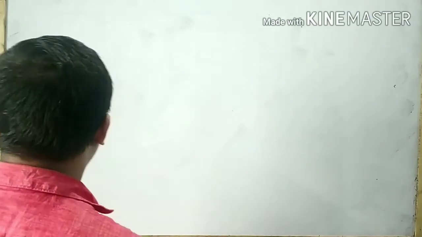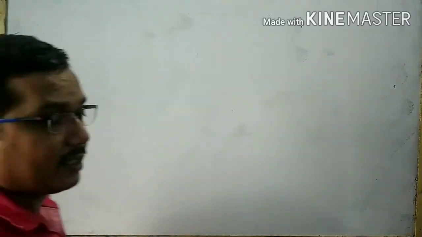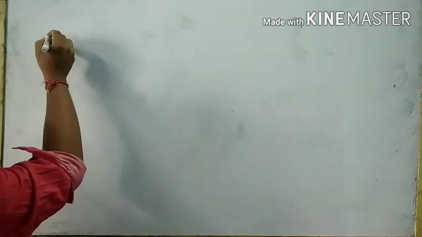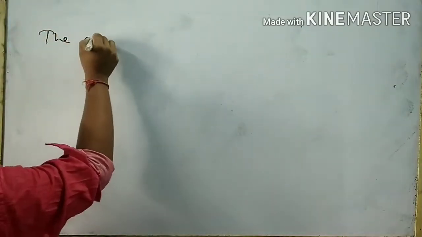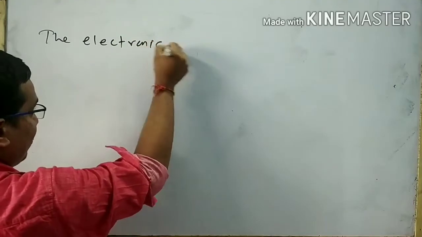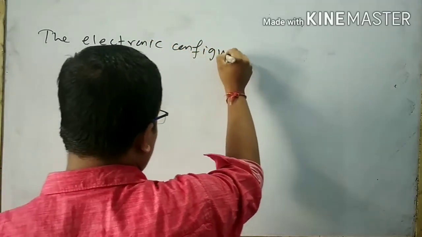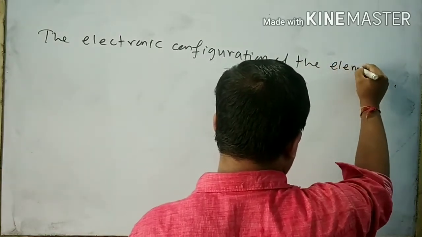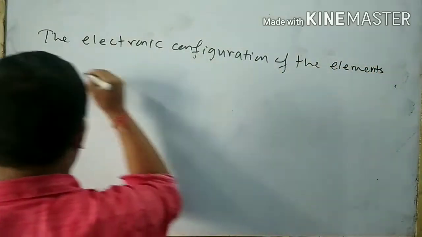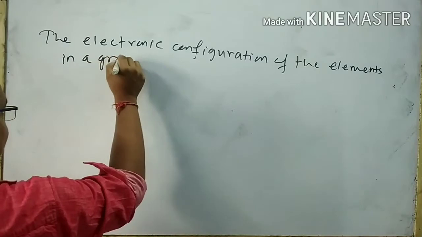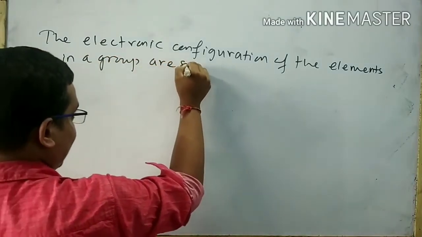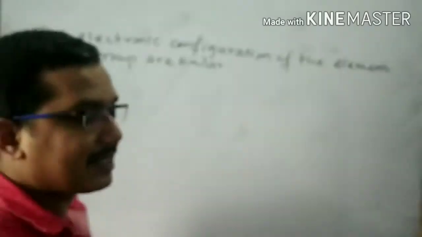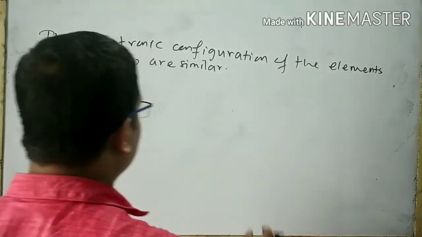Now I will discuss the variation of valency of the elements in a group. We know that the electronic configuration of the elements in a group is similar. That means every element has a similar electronic configuration.